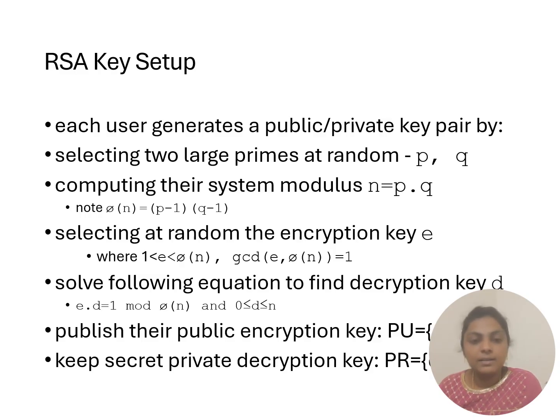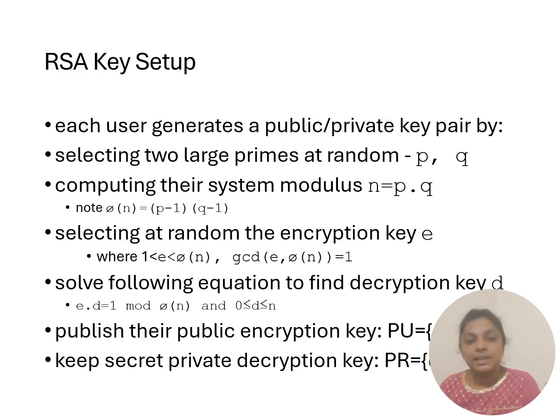In that, initially we need to choose two large prime numbers, any random prime numbers, and then we have to compute the modulus, which is calculated using the formula n equal to p into q. And we know through Euler's totient function, we would have learnt about this Euler's totient value, that is phi of n, which is calculated using (p minus 1) into (q minus 1).